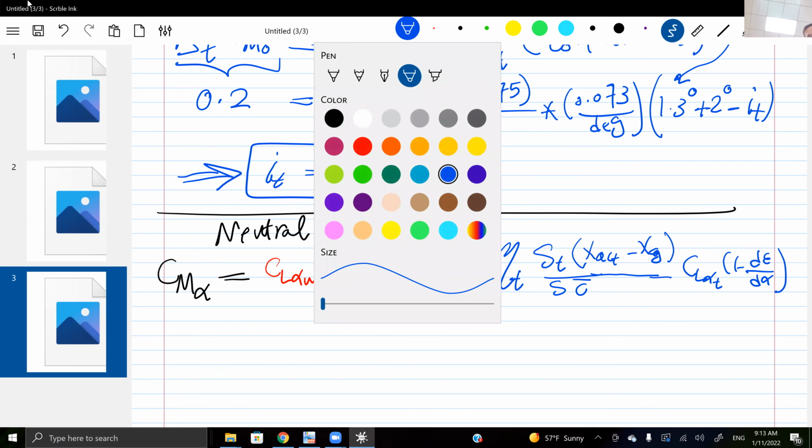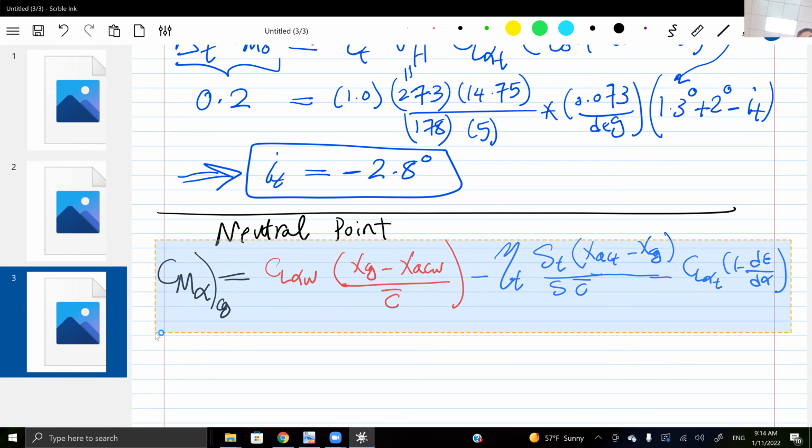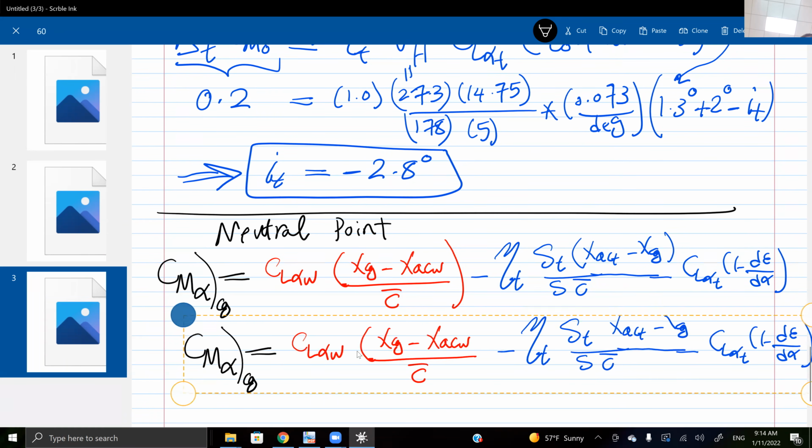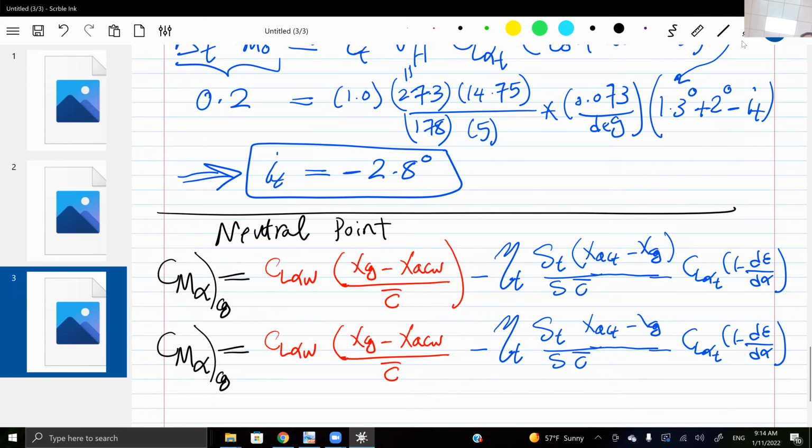And this is CM at the CG, so the moment at the CG, this is the CM alpha part of it. So I can use this equation, I can simply copy it, to write down the pitching moment characteristics at any point.